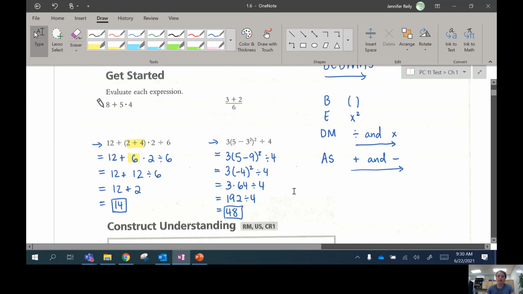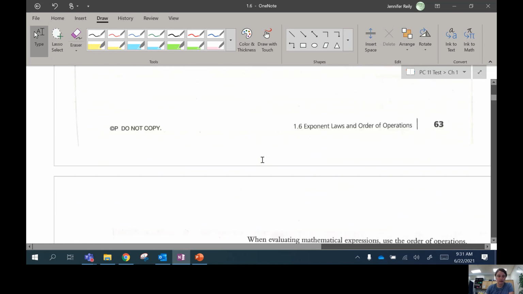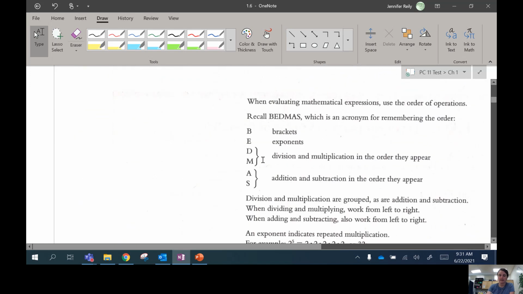We are also going to be applying the order of operations to exponents today, and the exponent laws as well. Okay, so here again is BEDMAS, and they say the same thing, multiplication and division in the order they appear, which means from left to right, and then same thing here.